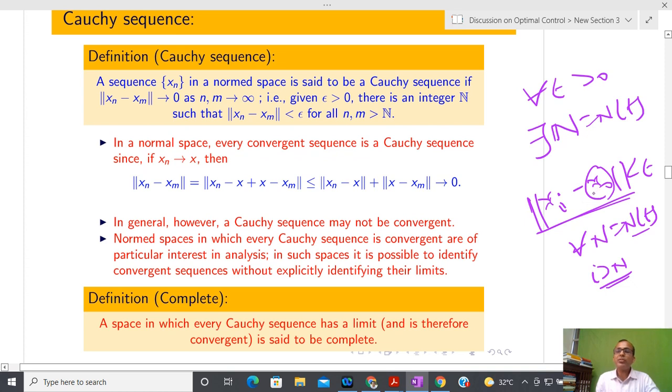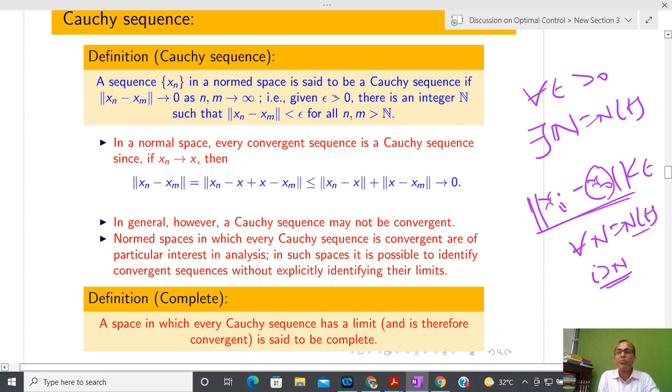So what this is telling is that you can take any two terms of the sequence in the space, and then I have to check the same condition between them. Now I don't know the limiting point or accumulation point, so I have taken x_n and x_m, two terms from the same space.